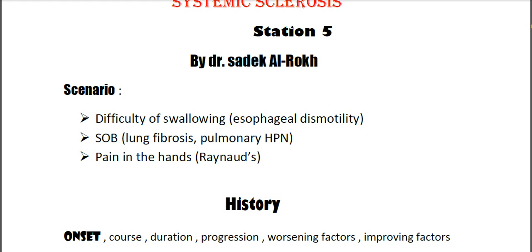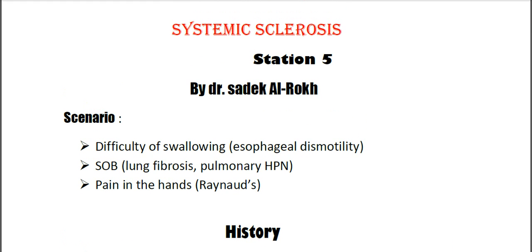Okay, what investigations are you going to do for this patient, doctor? I'm going to do basic investigations: CBC, electrolytes, kidney function, liver function, inflammatory markers, and an autoimmune profile in the form of anti-centromere antibody, rheumatoid factor, anti-nuclear antibody, anti-Scl-70, and anti-RNA polymerase I, II and III.